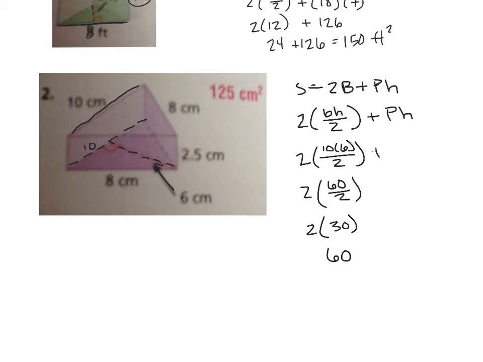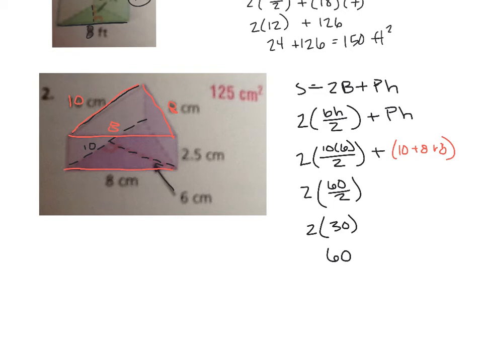Now we're going to find the perimeter of the base. So the perimeter of the base, remember the base is a triangle. Well, if this side is 8, this side is also going to be 8, right? So we have that side, that side of the triangle which is also 8, and this side which is 10. So to find the perimeter, we add these 3 sides. We have 10 plus 8 plus 8.